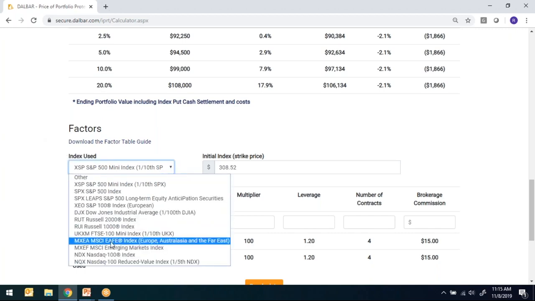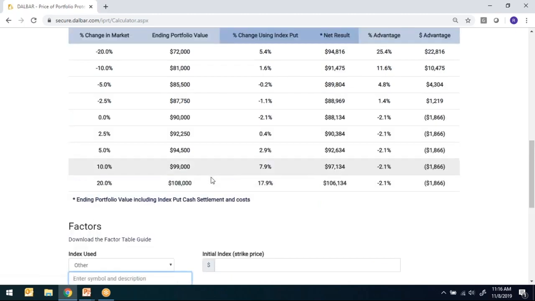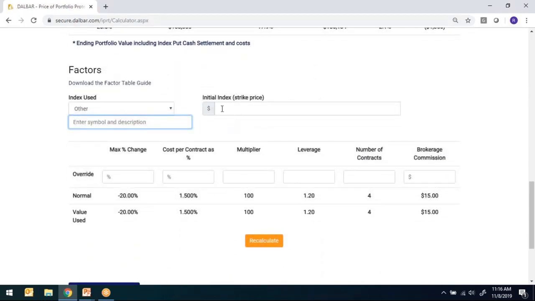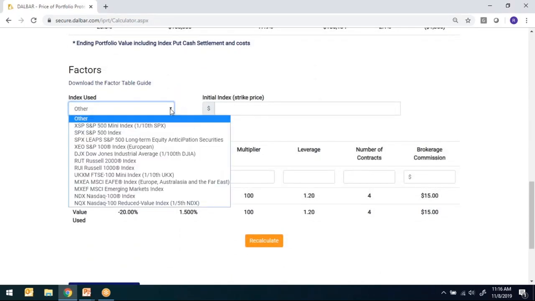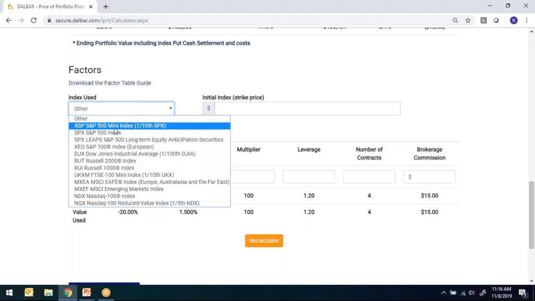And we have quite a few that are pre-populated in the drop-down menu. But I think it's important to note that you can also choose your own and enter your own strike price as well. But for the purposes of this, let's go back to the hypothetical I mentioned with the investor with small cap or tech stocks.